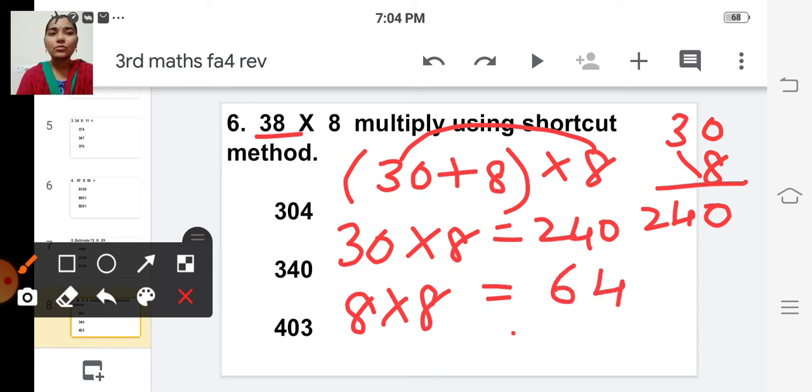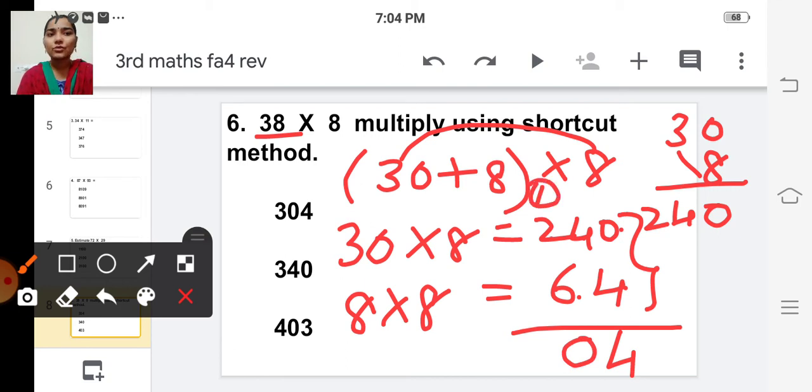So now add these two numbers. So 0 plus 4 is 4 and 4 plus 6 is 10. So write 0 here and carry over 1 to the next place. And 2 plus 1 is 3. So the answer is 304.